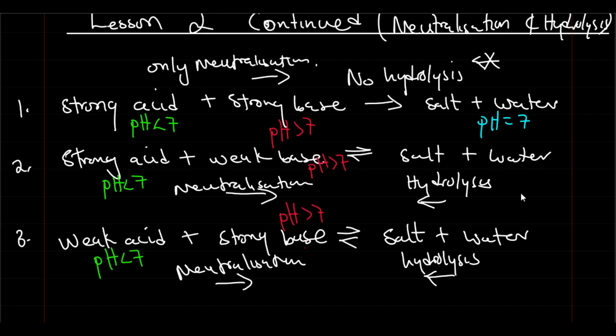Remember, strong acids ionize completely, and a weak base dissociates or ionizes incompletely. So we will have more moles of acid as compared to the moles of the base. So even at the completion of the reaction, the base will not have ionized or dissociated fully, because it's a weak base.